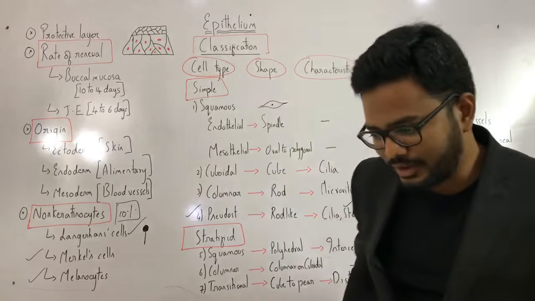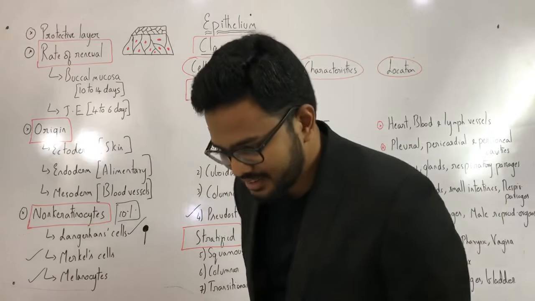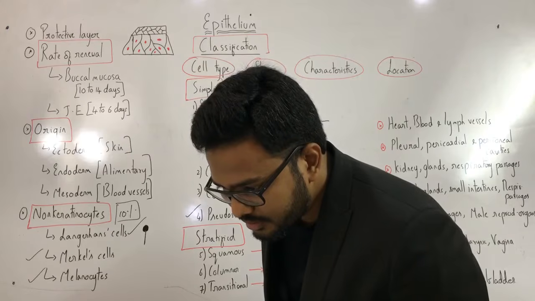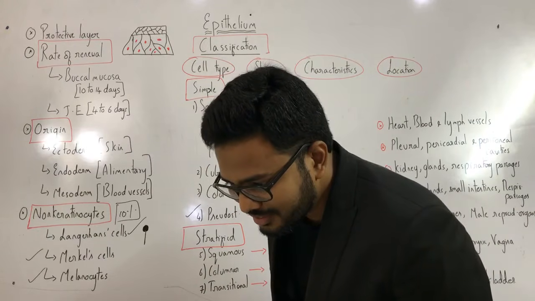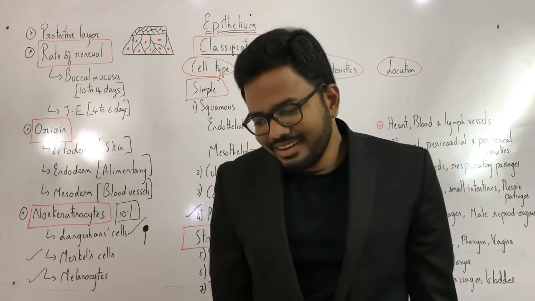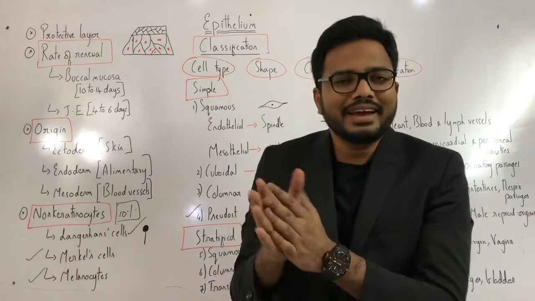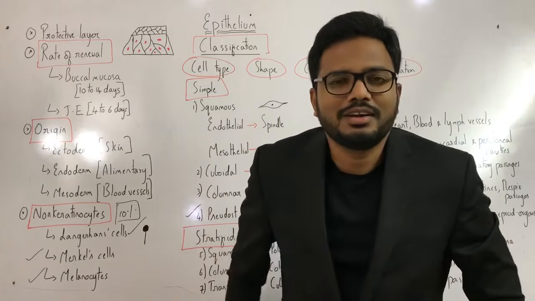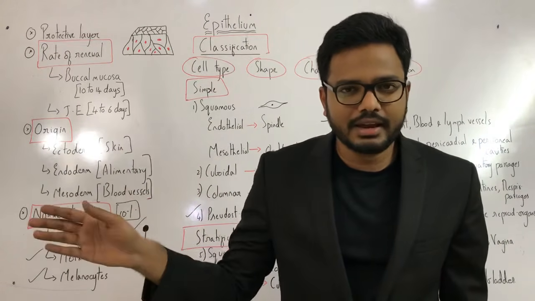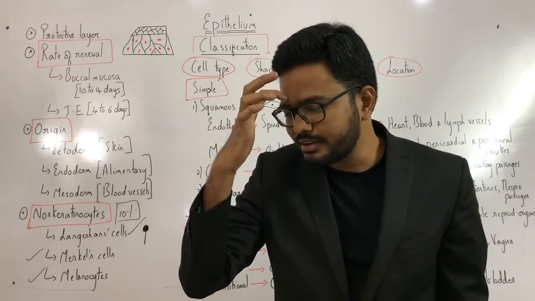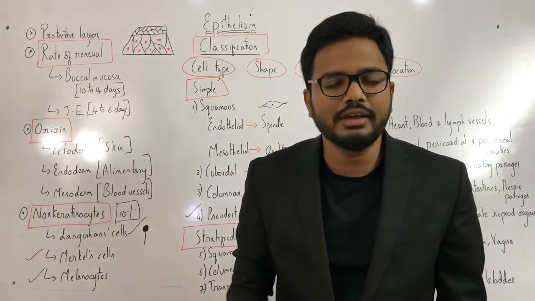Yes, P for pycnotic, right. Okay, fine. So parakeratinized, pycnotic nuclei. So free gingiva, it is parakeratinized containing pycnotic nuclei. The rest is orthokeratinized, no nuclei.